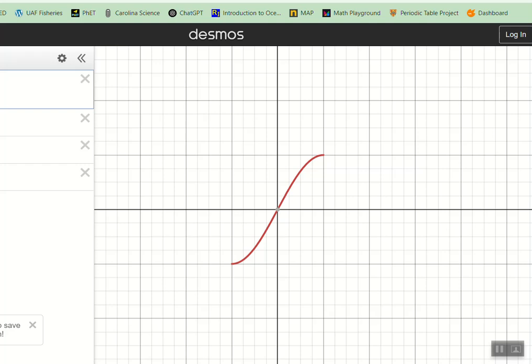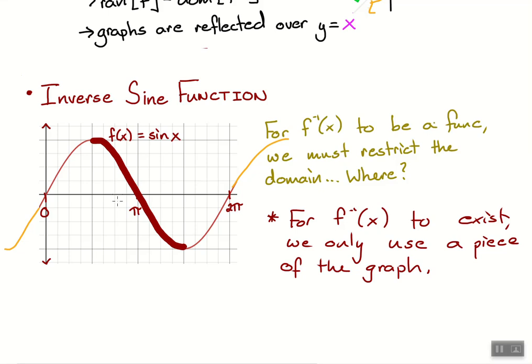Now, check it out. By restricting, and we're going to pick that convenient one, this graph didn't allude to it, but we can still see the same idea. We restrict sine of x on the interval, and there are infinitely many of these that we could pick, but which one did we just restrict on?